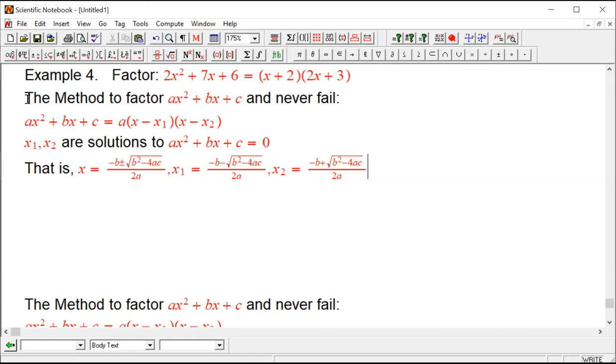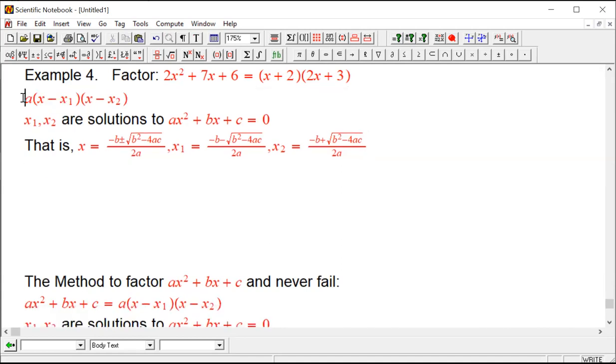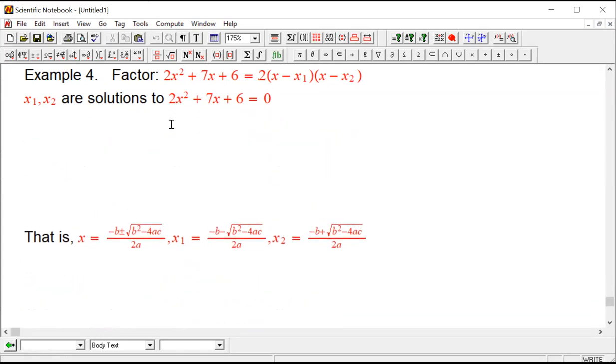A is 2 once again, and we need to find x1, x2. x1, x2 are solutions to this quadratic equation equal to 0, to find the x-intercept. Then we just plug in A equals 2, B equals 7, C equals 6.